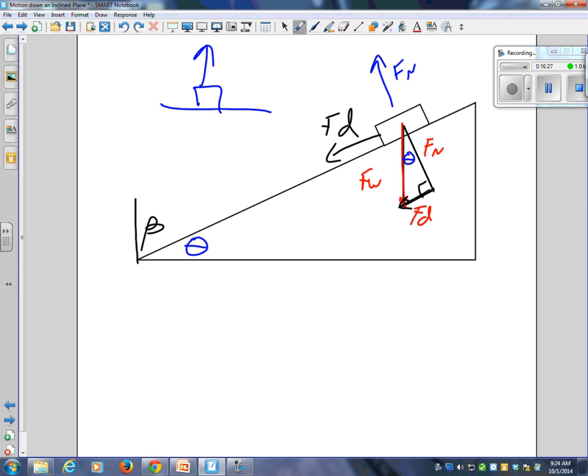I guess it could, but not very likely. And if it was that one, then it would actually be this one here. So the short answer is no, or rather yes, it will always be mg cos. It's never going to change, only because that angle is never going to be different. Okay, good question.